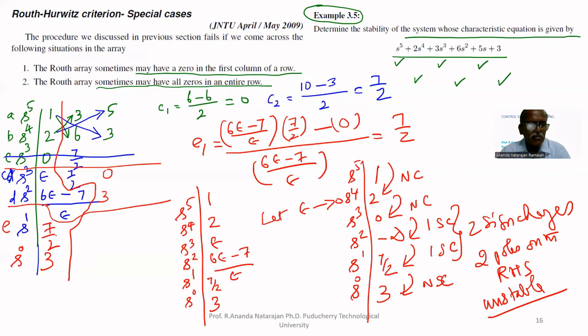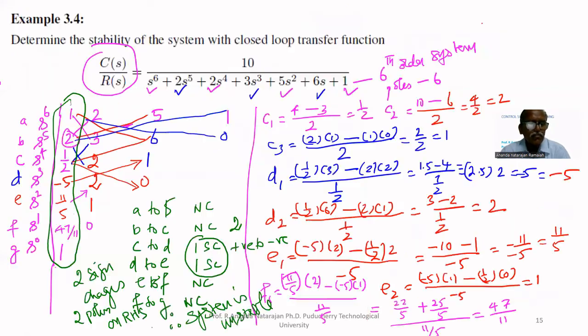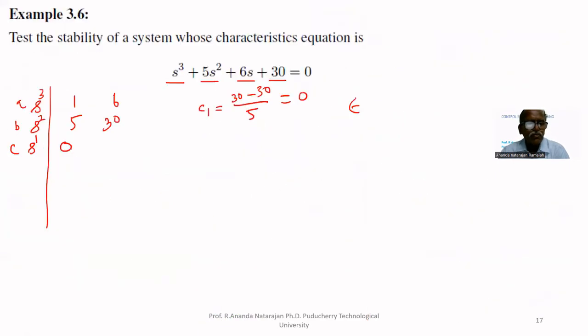S power 1, how many elements are there? Only one element. Even though it is only one element, this is called a row of zeros. Even though it is one element, the first column element is 0.